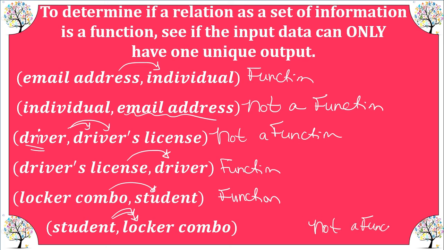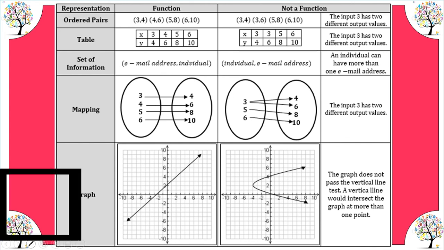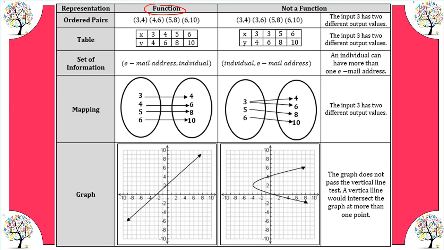So again, you just have to ask yourself, does this input piece of information have only one possible output? Just think of the different situations. And here is a little summary of what a function is in the left column. We have functions as ordered pairs, tables, sets of information, mappings, and a graph.